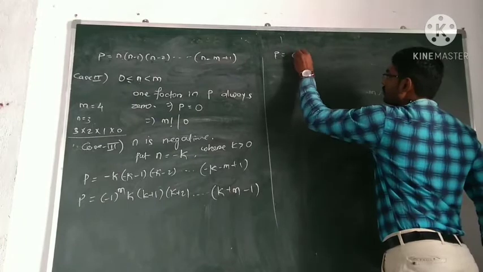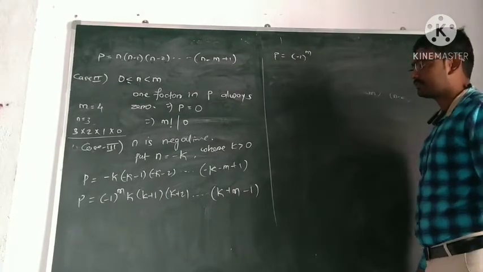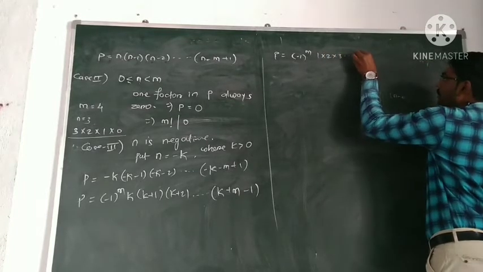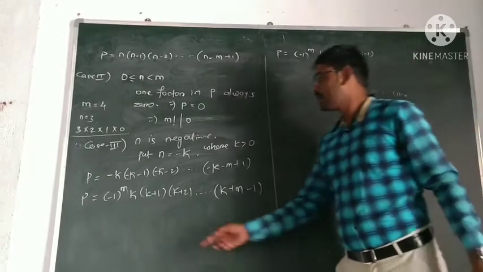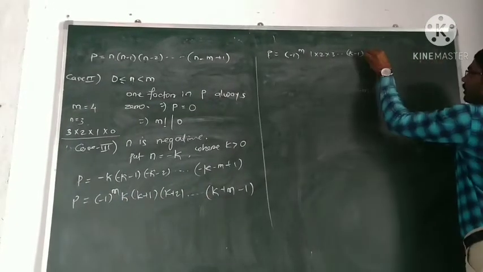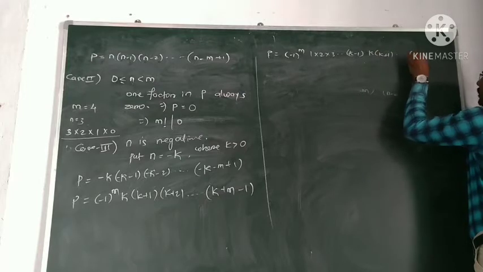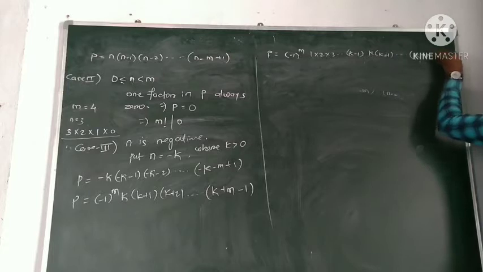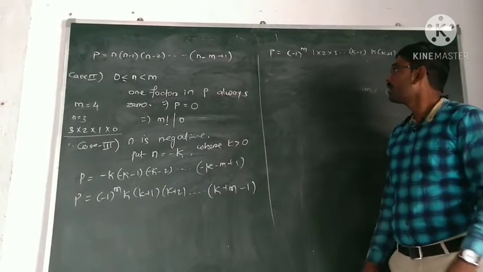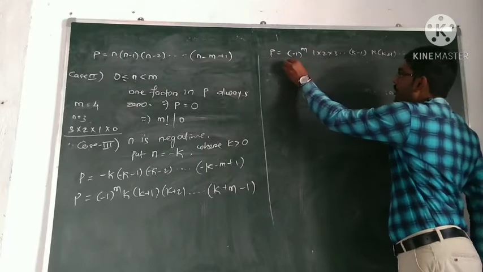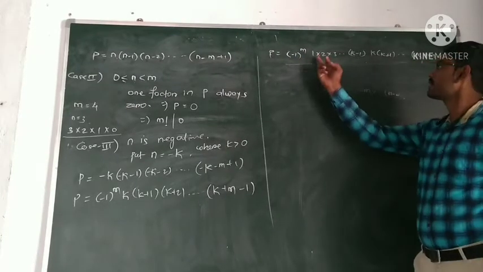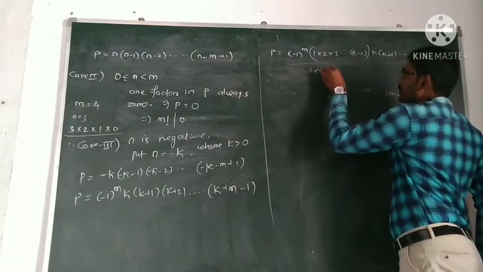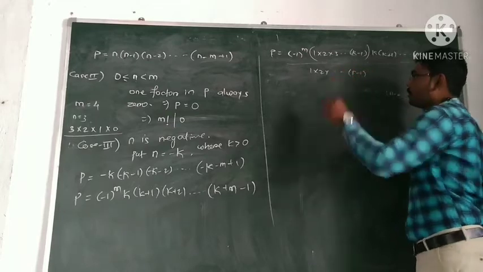The remaining terms are as they are: k, k plus 1, up to k plus m minus 1. Now we have multiplied by this term, so to maintain the value we have to divide by 1 into 2 up to k minus 1.